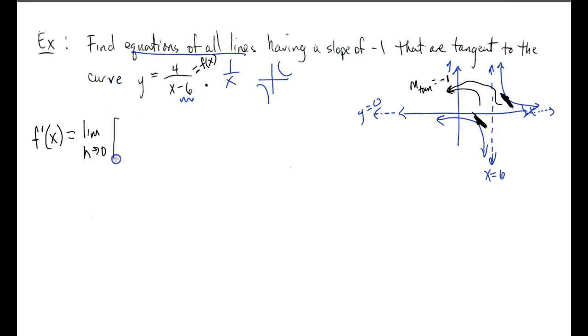As h approaches 0 of the difference quotient. Remember that the difference quotient is just a fancy way of expressing the slope of a line, or in particular the slope of a secant line. Let's figure out what that difference quotient is going to look like.